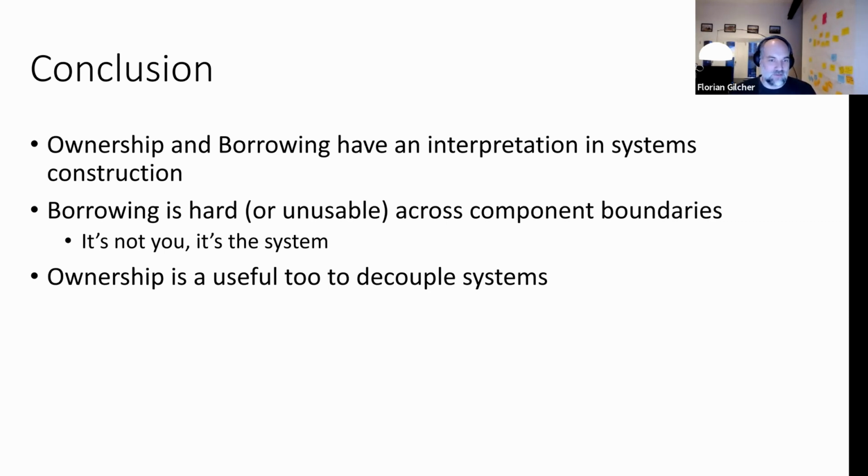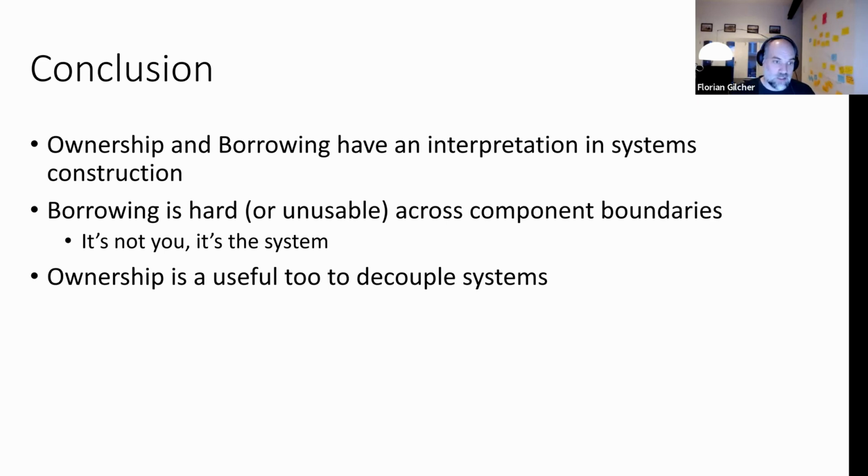It's just that Rust actually denies you from writing those references, but the fix there is not to understand the borrowing system better, but to actually move off of it and try to go towards owned types. Ownership is the most useful tool to decouple systems, and really useful to have.